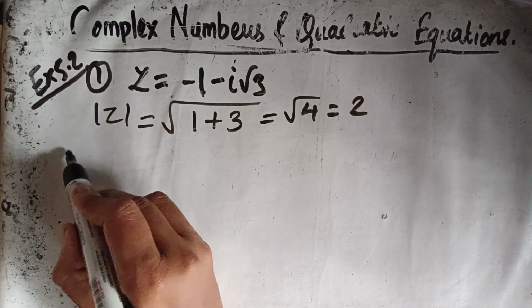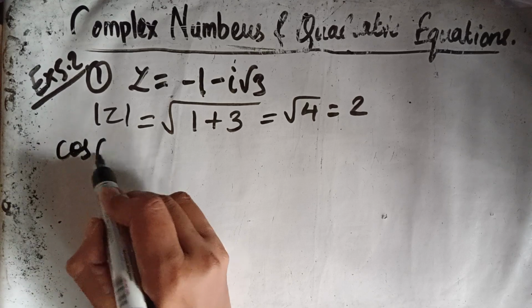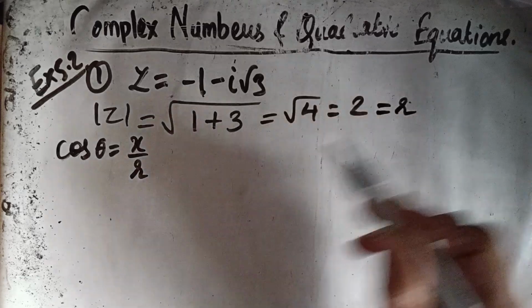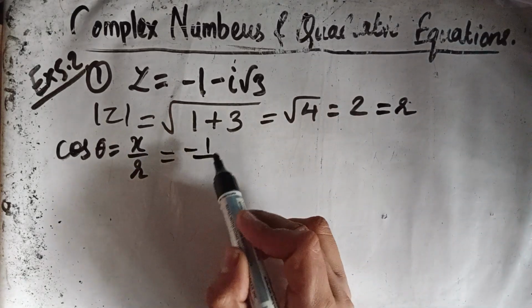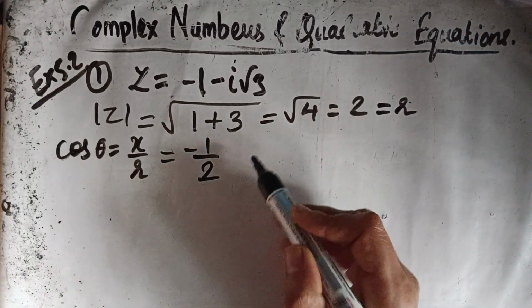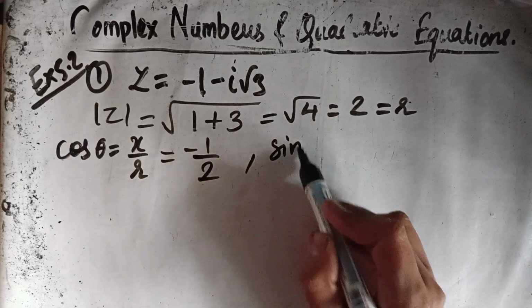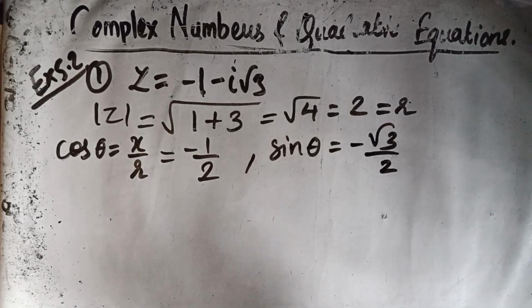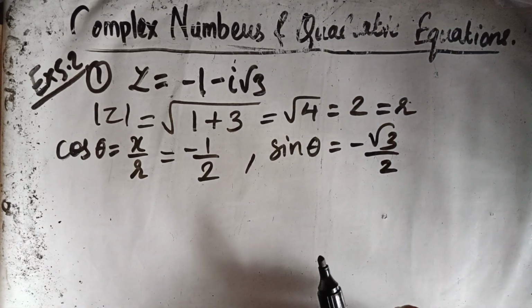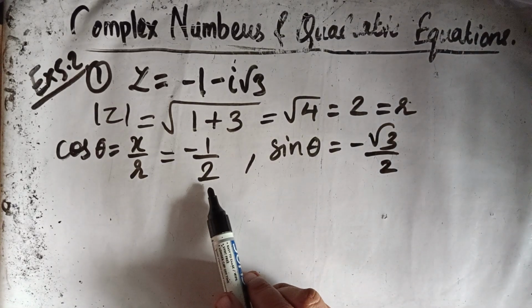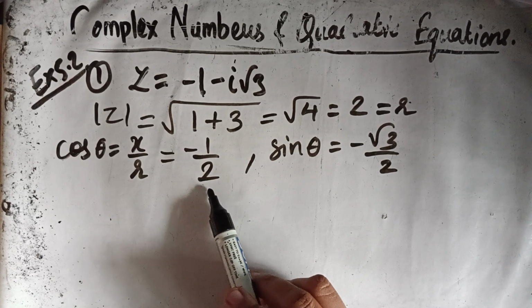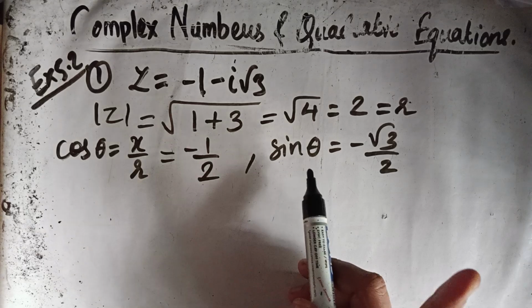So cos theta is x upon r. X is -1, r is 2. Sin theta is y upon r, y is minus root 3 upon 2. We know the values. Cos is a half, so it is 60 degree, pi by 3.